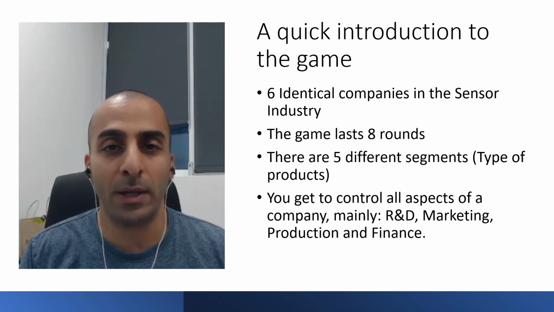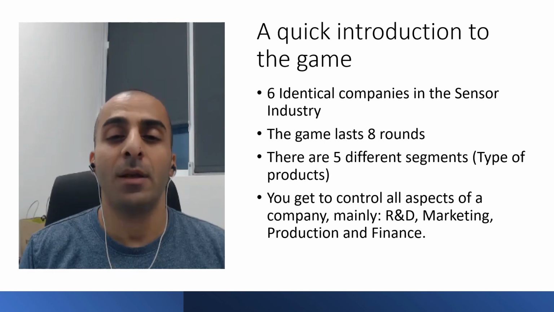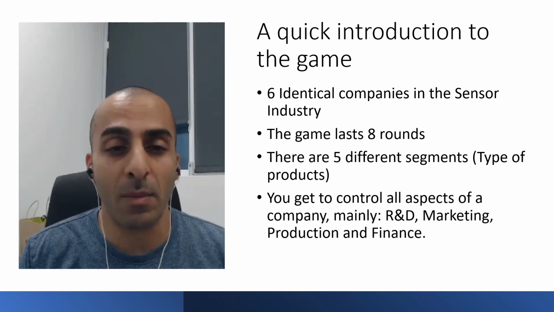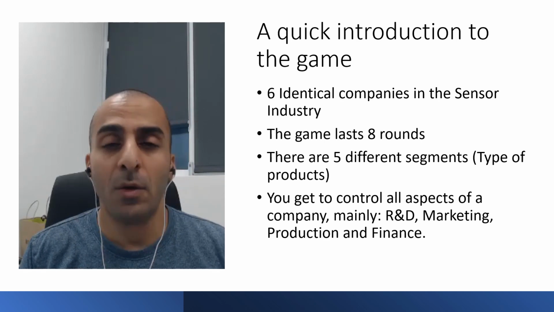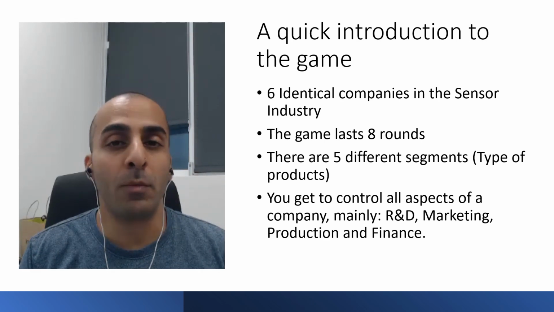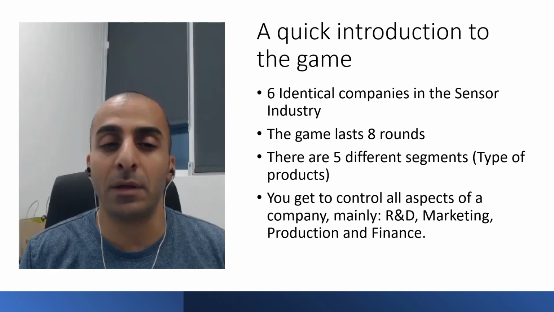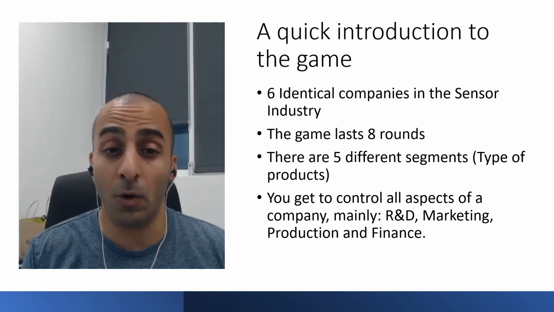Everything is completely identical. The game lasts for 8 rounds, where each round signifies 1 year in game time. There are 5 different segments, or different products, with different properties, customer preferences, price points, and market demand. Everything is different and we treat them accordingly.